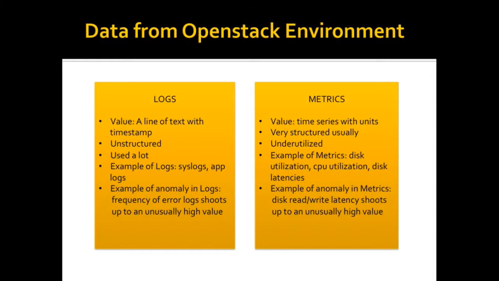An example of anomaly in metrics would be, suppose the disk read-write latency shoots up to an unusually high value. That is a scenario where an anomaly has occurred. Usually, logs are used a lot more for monitoring and root cause analysis than metrics data, which are fairly underutilized.